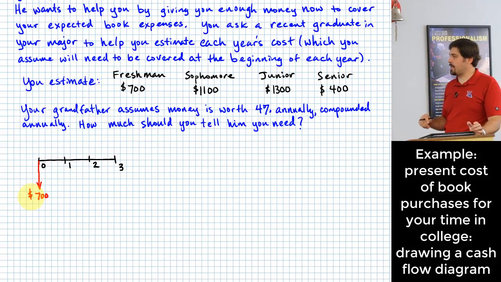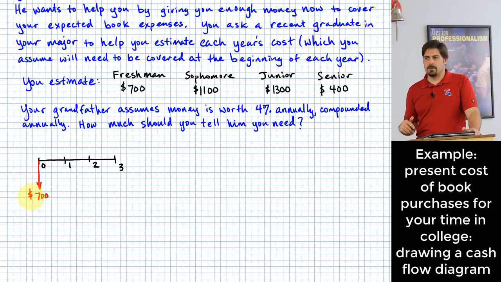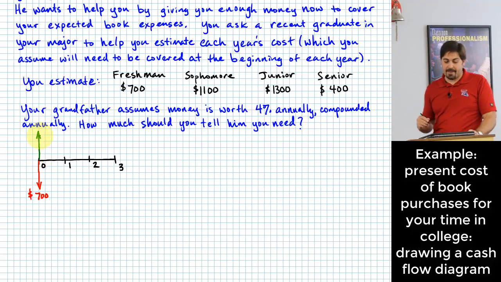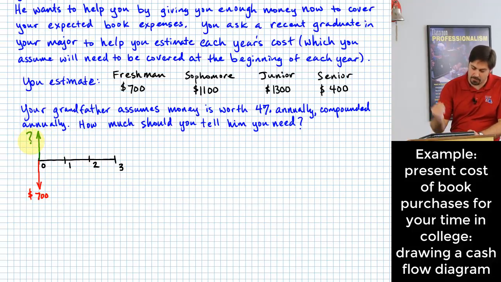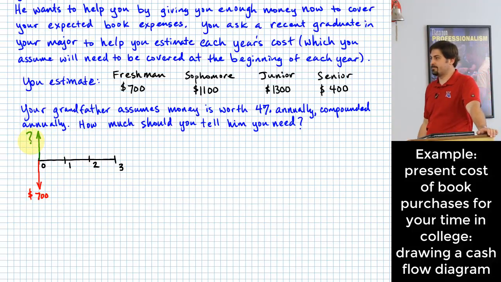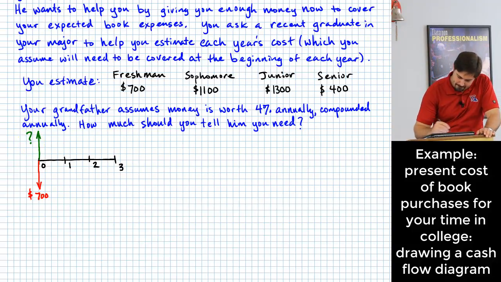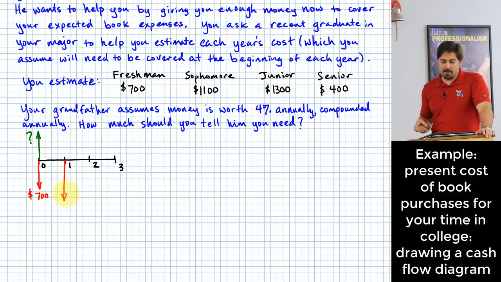But what else happens in that very first year? Well, that's when you're expecting that your grandfather's going to cut you a check or something so that you have money to do this. So that's another cash flow that happens in that very first round. That's what we are trying to find. So I'll just put a question mark next to that right now. Then what? We'll have $1,100 at the beginning of your sophomore year.